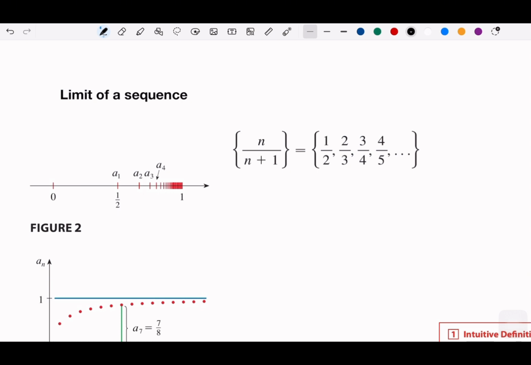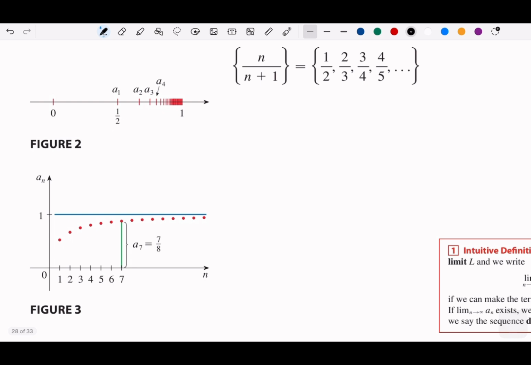Now the second visual that we can also observe is this one. We can see from here, this is the a and this is n. In sequence and series, or perhaps in sequence first, we are going to see a function that is going to represent this an. So an we can represent as a function with n as a variable.